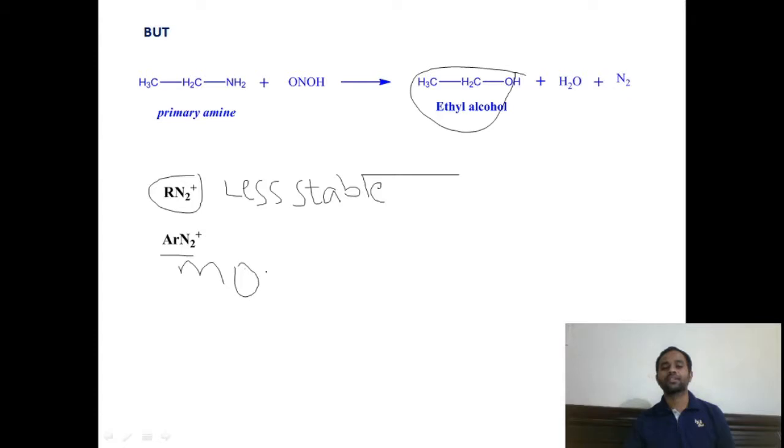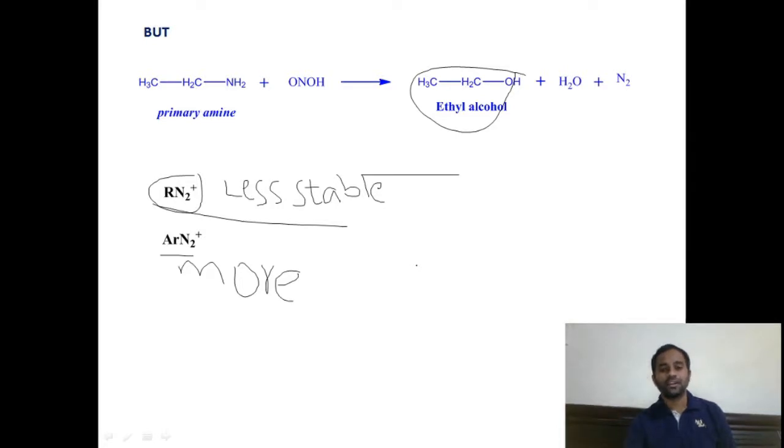Right? That's why aromatic amines form benzene diazonium salts during the diazotization process with nitrous acid, whereas aliphatic amines form alcohols because aliphatic diazonium salts are less stable, right?